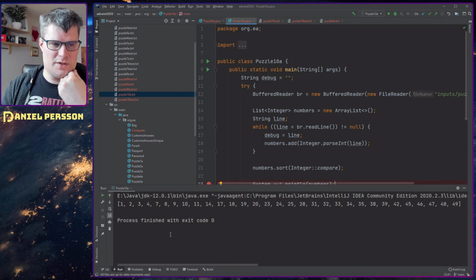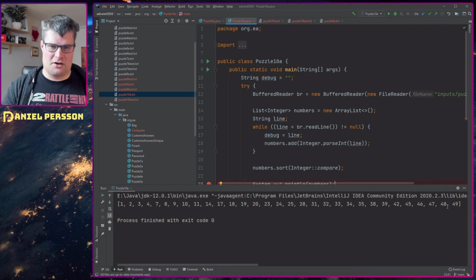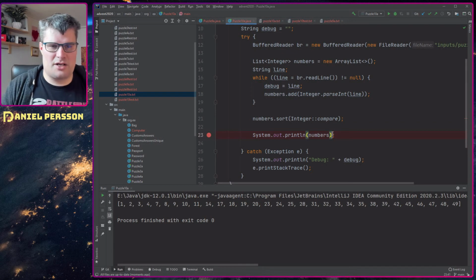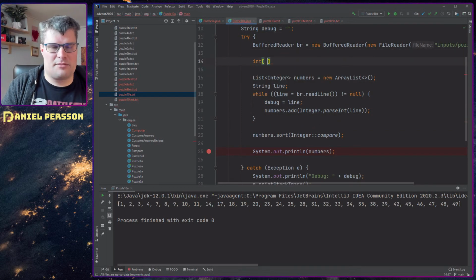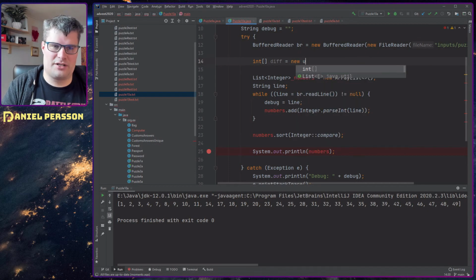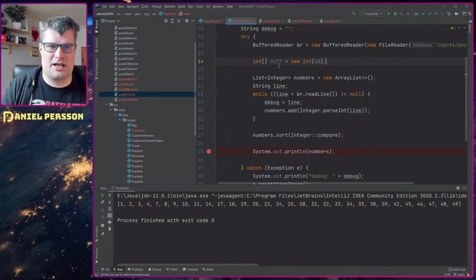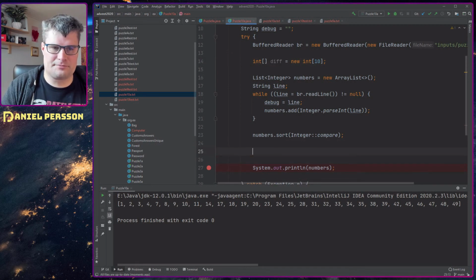Like that. And we see that we have a sorted array of numbers here. So now we just need the differences. And I'm going to be a little bit safe and take up to 10 in difference, hopefully we will never get that high.